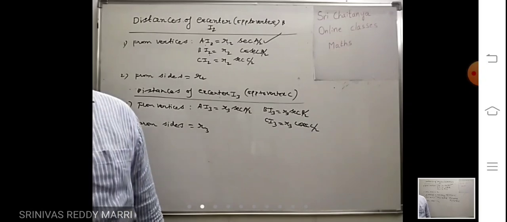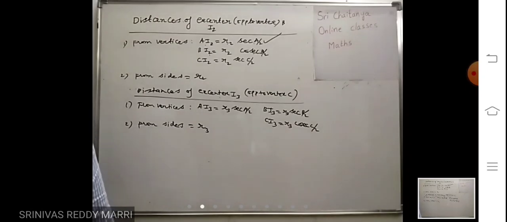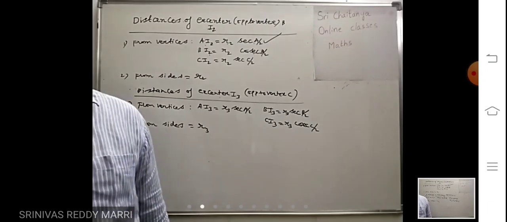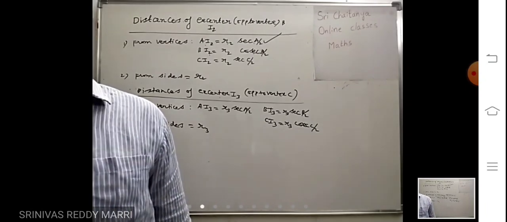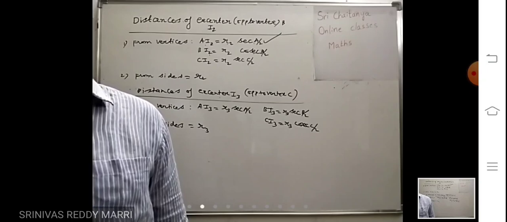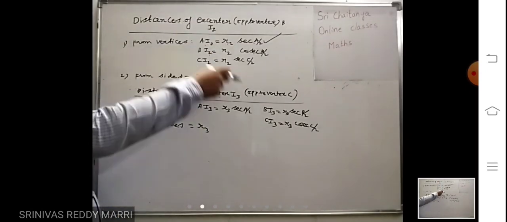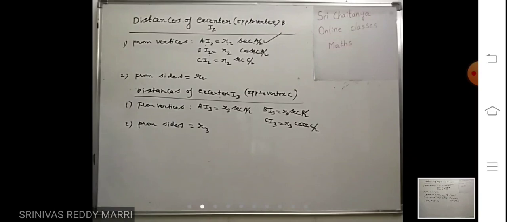The excenter opposite to vertex B is the point of concurrency of the internal angular bisector of angle B and the external bisectors of angle C and angle A. It will be touching all the sides. Similarly, opposite to vertex C, there will be a circle which touches all the sides, called the excircle opposite to vertex C. Those centers are denoted by I1, I2, I3. These are the formulae for excenters.